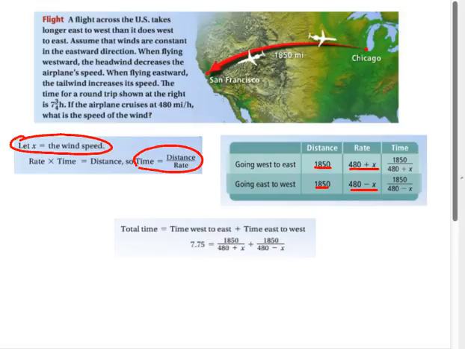It's making you go slower. So the time, accordingly, is distance divided by rate for both of them, giving you those. And the total time is 7.75, 7 3/4 hours. All right, we want to know how fast is that wind.